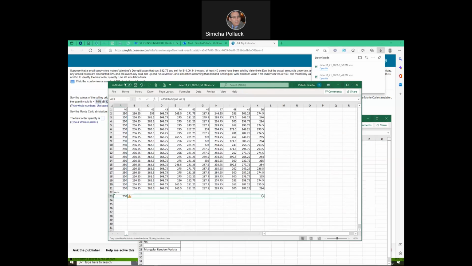We get averages for everybody, and then we figure out the max. We want to figure out which assumption of how much you're going to make is equal to the max of columns B23 through K23. That comes out to 279.5, and that's right here.